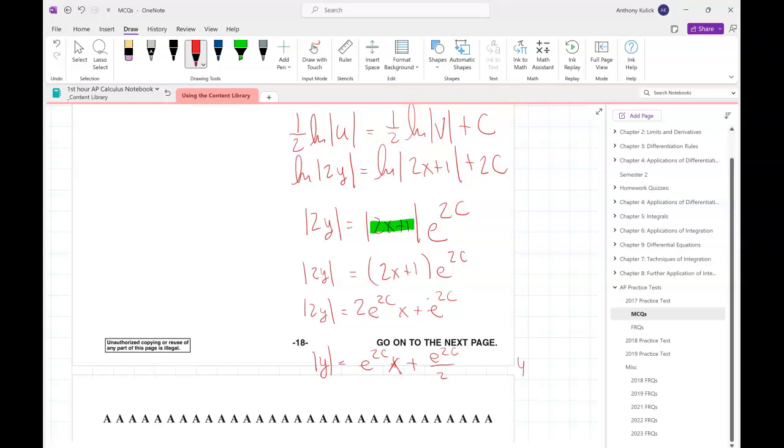And then if I use my initial condition that y of 0 is equal to e, I can say e is equal to 0 plus e to the 2c over 2. Oh, yeah, that's what I did there. That's okay.